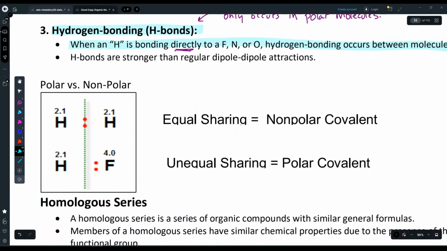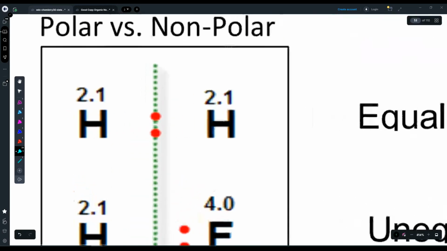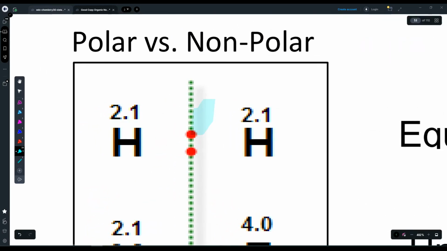Okay, so getting to polar versus nonpolar, how do we decide if a compound is polar or nonpolar? There are a couple of different ways. Looking at the diagram here, we have two hydrogens, and these two dots in the center are just the electrons shared between these two hydrogens.